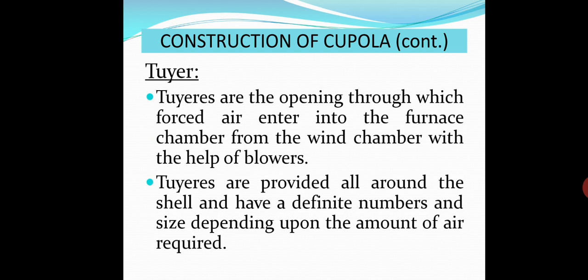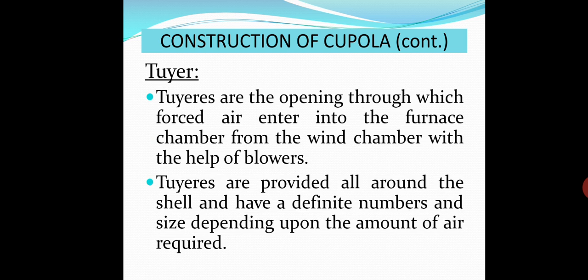Next is the tuyer. Tuyers are the openings through which forced air enters the furnace chamber from the wind chamber with the help of blowers. We are using a blower to drive the atmospheric air into the furnace chamber.